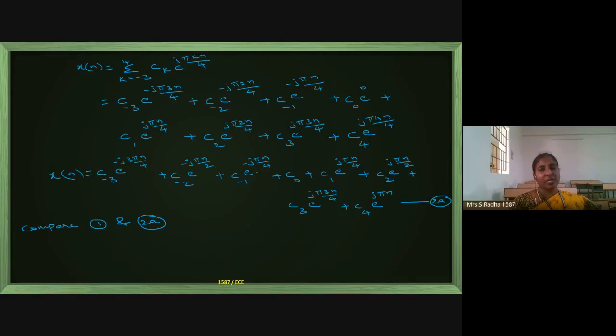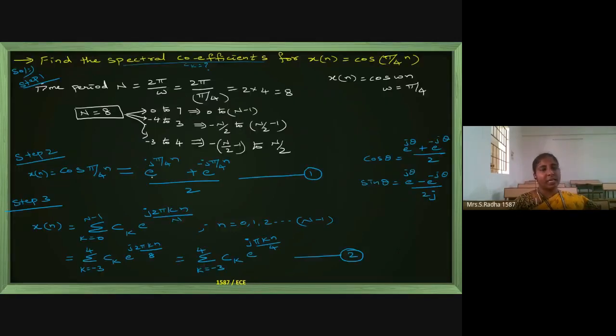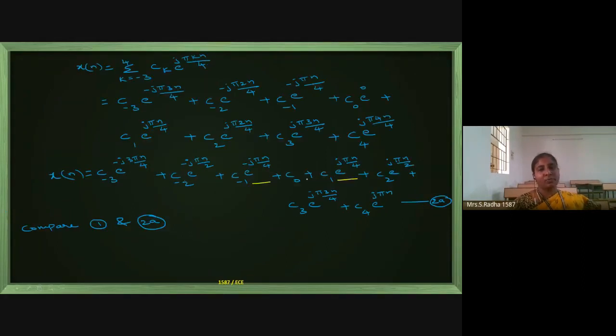This is e power plus j pi by 4 into n, this is e power minus j pi by 4 into n. And the coefficients are 1 by 2 and 1 by 2. So this c minus 1 value is 1 by 2, and the c plus 1 value is 1 by 2 after comparison.